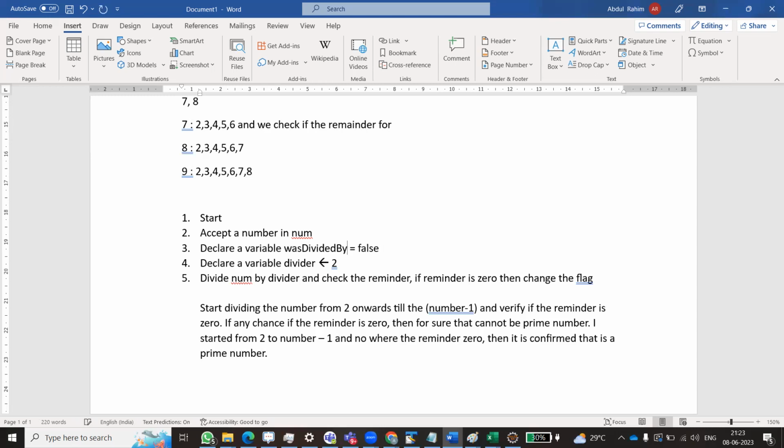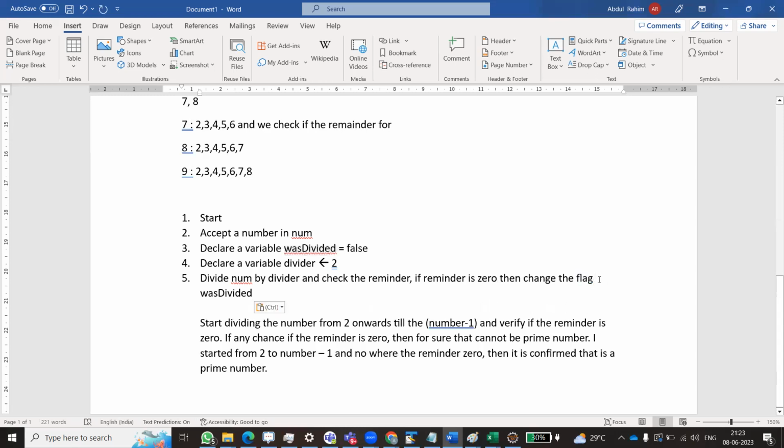It's not divided by 2, I'll just keep it simple, was divided. Change the flag, was divided, to true, go to print statement. Or go to some line number. I'll come back to this line number later.